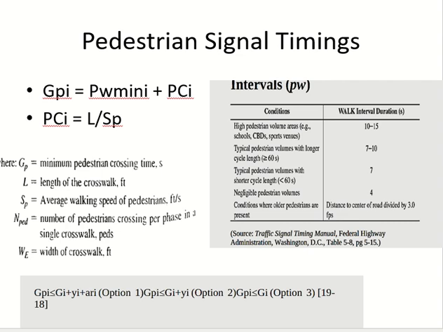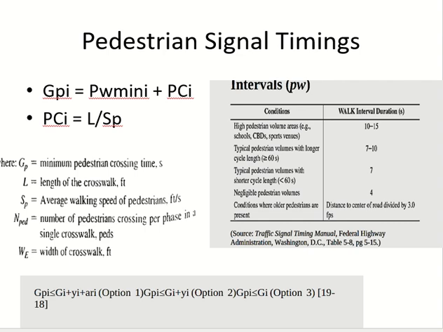Certain areas have more pedestrians, right? Like commercial areas and school areas have more pedestrians, so in those cases the timing is higher. Similarly, if the cycle length is higher, the pedestrian timing is also higher. Clear? So you can pick a value from this table or any other standard for the first part, PW minimum, the walking time of the pedestrian.